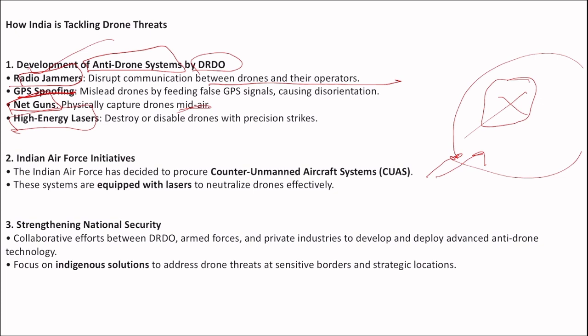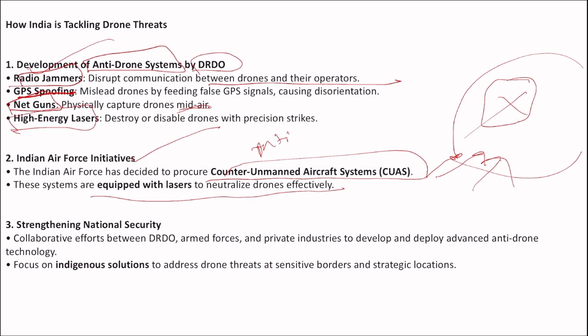Coming to the Indian Air Force initiatives, they are preparing the counter unmanned aircraft system, the same anti-drone systems, which have lasers to neutralize the drones. With the lasers, the engines of the drones can be turned off.